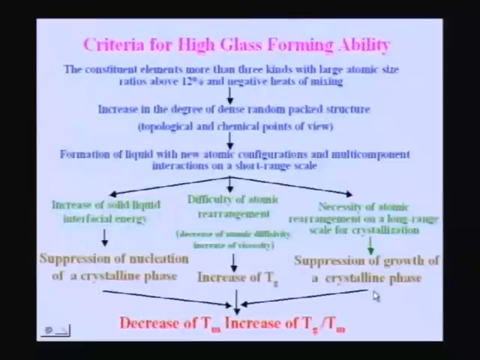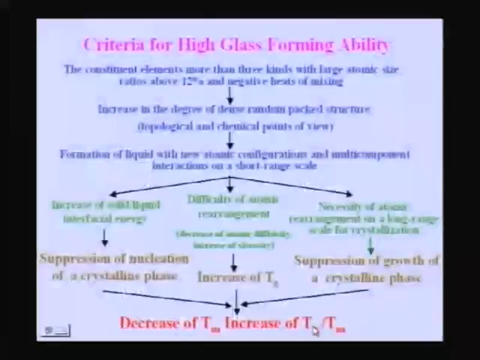Not only is crystal nucleation difficult because atomic rearrangement is difficult, but you also need long range arrangement for the crystal to grow, and that is again difficult because the diffusivity is low. All these things will lead to a decrease in the melting point and an increase in the Tg by Tm, and that's what will give you a good glass.